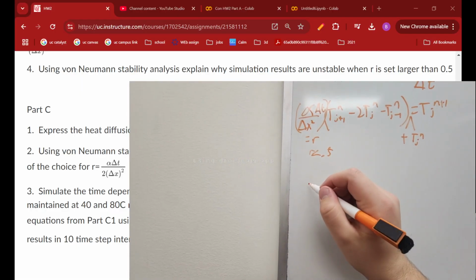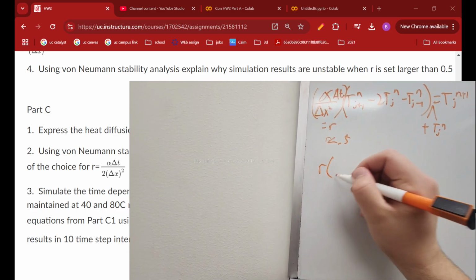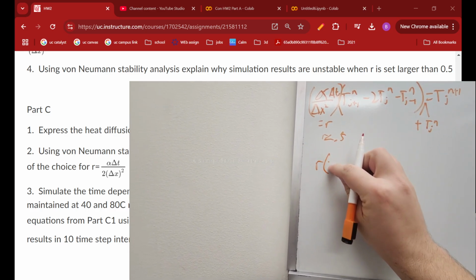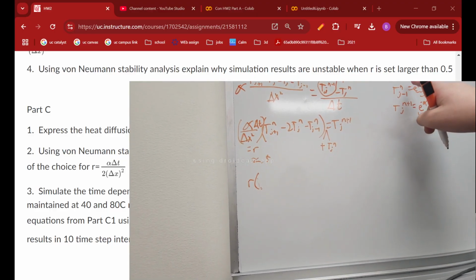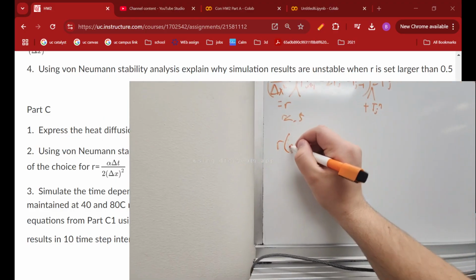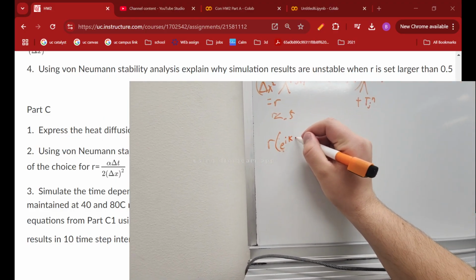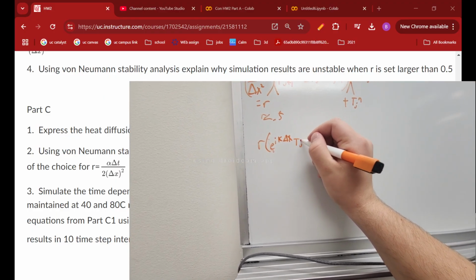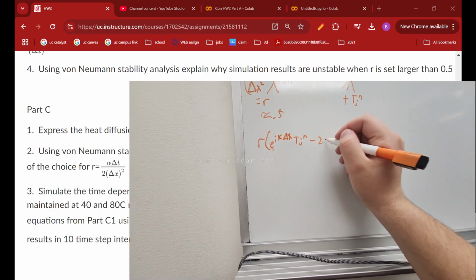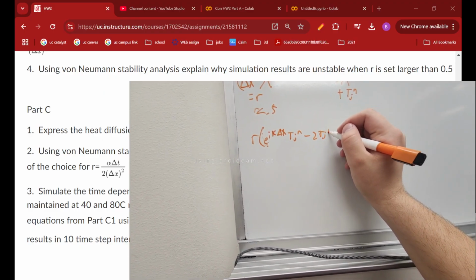So now we can plug, and we have r, and then j plus 1, x, t j n, t j n.